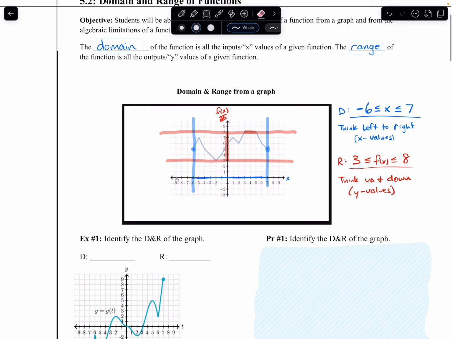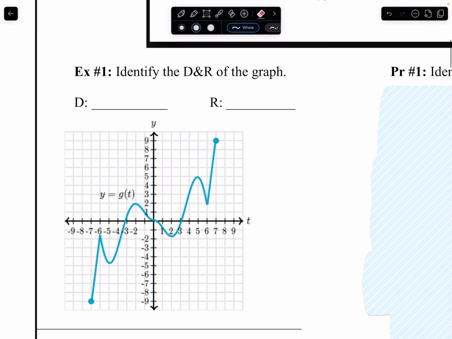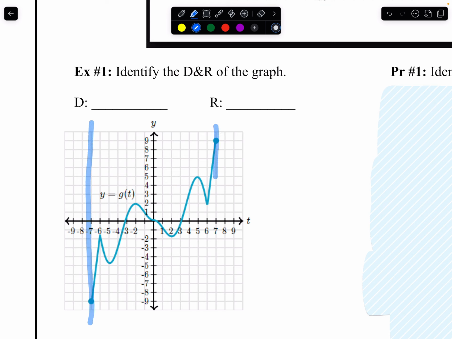Okay, let's go ahead and try example number 1 in the same way. So our domain, thinking left to right, there's our leftmost point on the graph and our rightmost point on the graph, and it's continuous. So anything in there is part of our domain. We could say that -7 is less than or equal to x, which is less than or equal to the right side, which is 7.